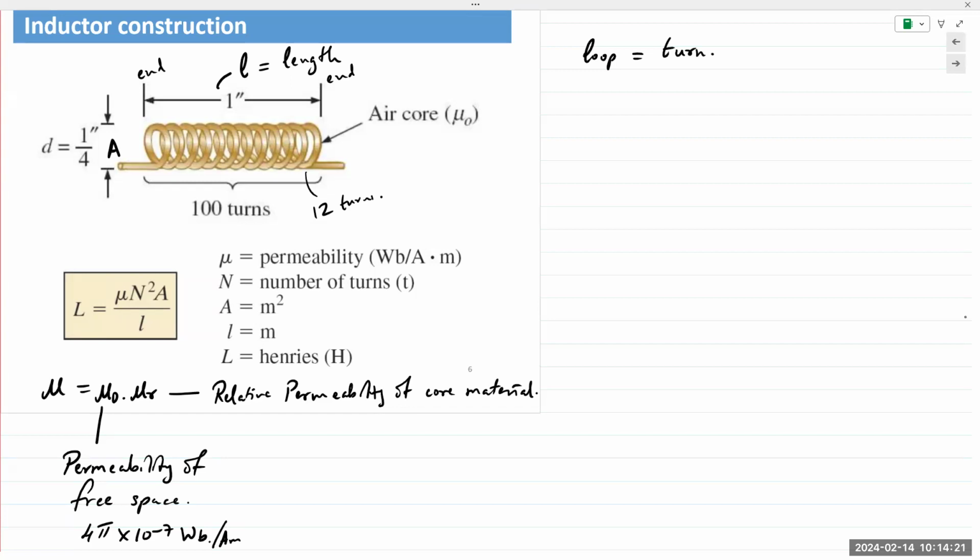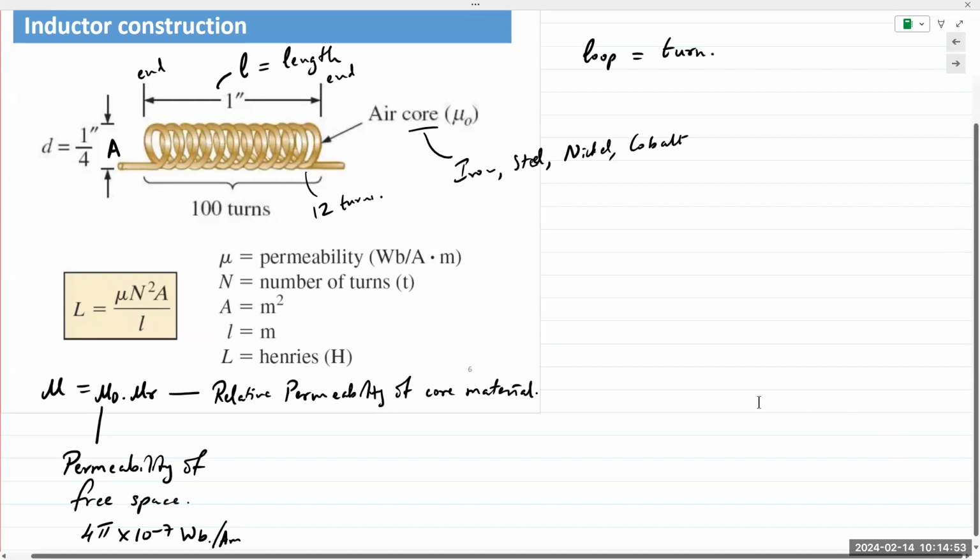But typically, if you recall a couple of slides ago, I showed a slide which has a magnetic material inserted through the core of the inductor to increase the magnetic field strength. And so typically we would have a core made up of iron, steel, nickel, cobalt.